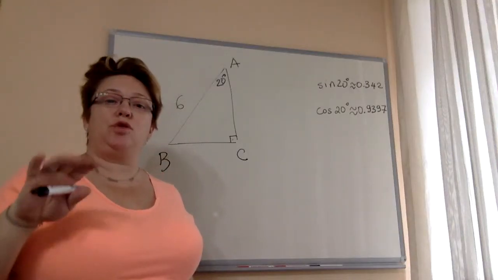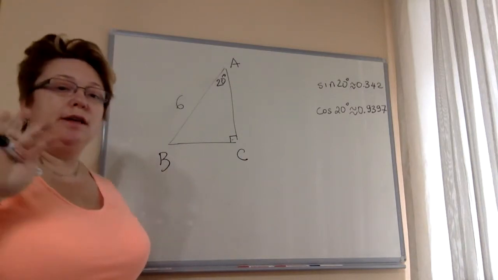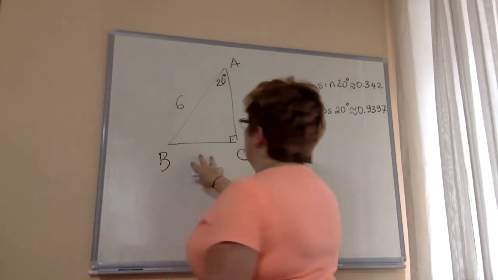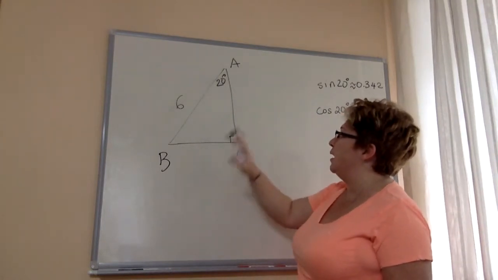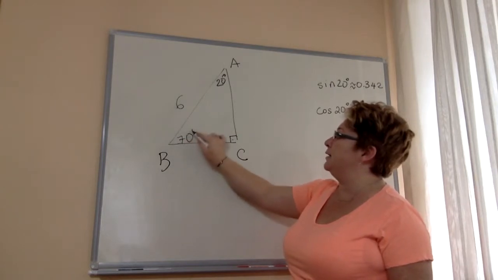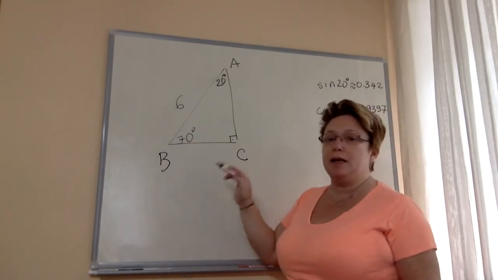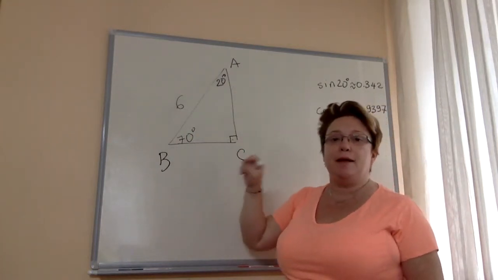Let's now try to solve a triangle using trigonometric ratios. Let's say we're given this triangle and we want to find the missing sides and the angles. The missing angle is simply 70 degrees, and that's angle B, because angle A and angle B are complementary.